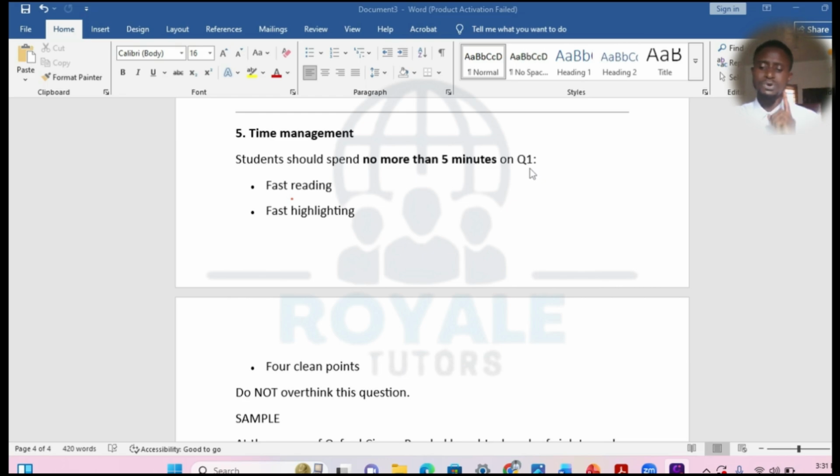Now, for section A, where you've got question 1 to 4, you have 45 minutes. Imagine 45 minutes and you have other questions where you need to respond like you're writing an essay. So you have to be very intentional. You have to activate your time management skills. All right? Beautiful. So make sure you spend no more than 5 minutes on question one. What do you need?